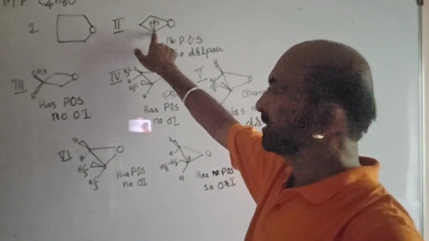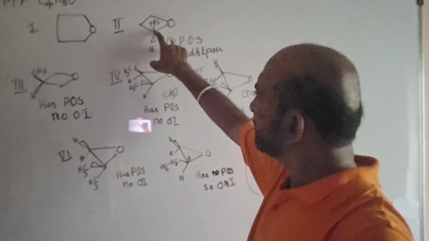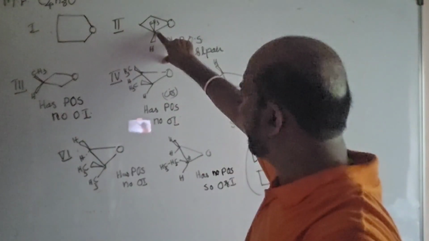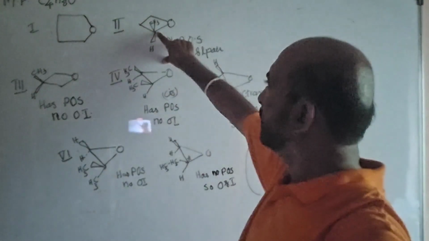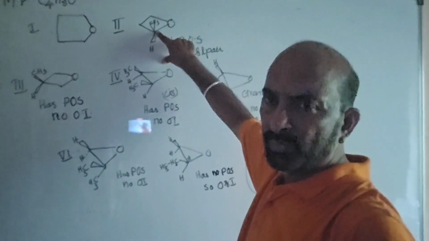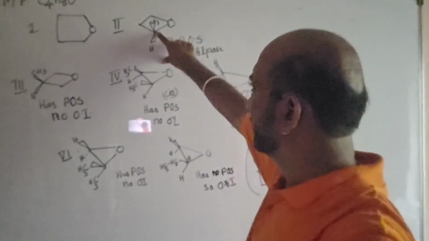One structure is this, where CH3 is on the next carbon. When the methyl group occupies this carbon, this carbon is a chiral carbon, and so the molecule has no plane of symmetry.